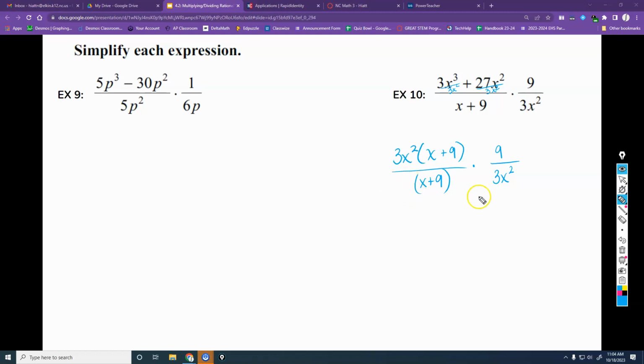But this is going to give me some stuff that can cancel, right? Well, let me do restricted values first. I didn't put it on these directions, but I do want them. So our restrictions here, what can x not equal? Negative 9. What else? What would make 3x squared 0?